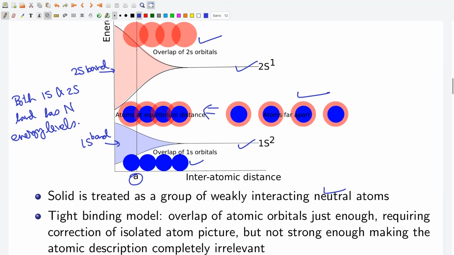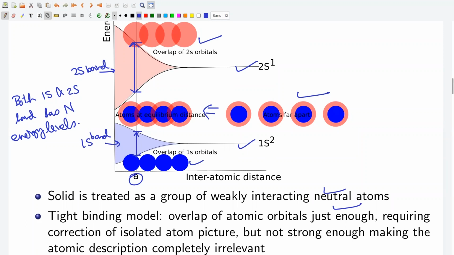Thus, this is the width of the 2s band, which is much larger than the width of the 1s band.